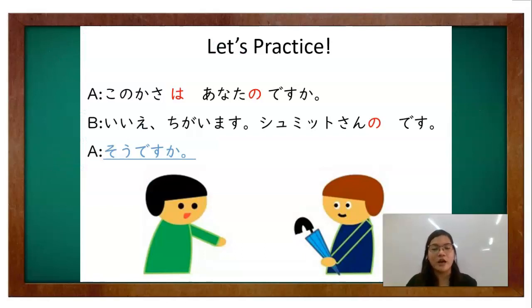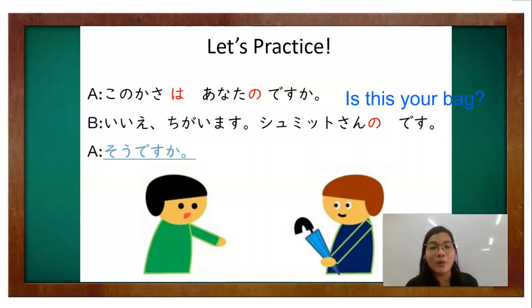Now let's practice using that expression in a conversation. First, let's read it. あの傘はあなたのですか? いえ、違います。ミラーさんのです。そうですか?